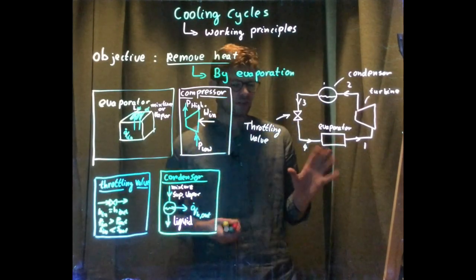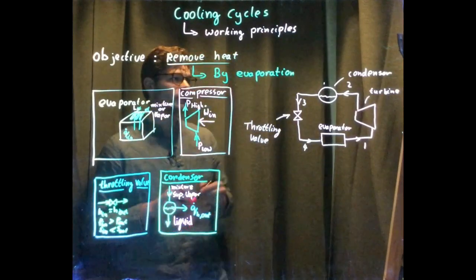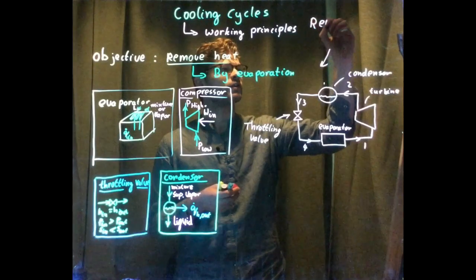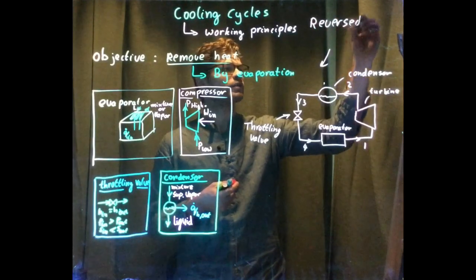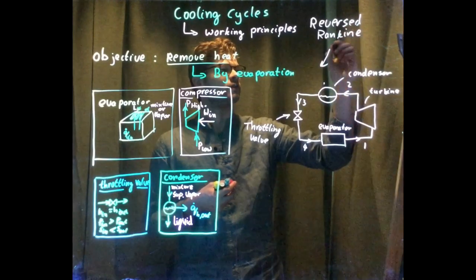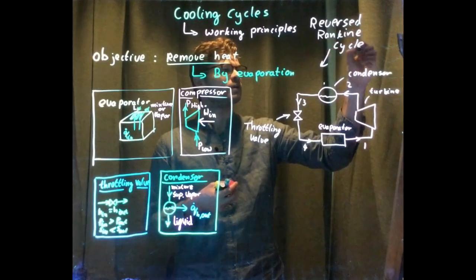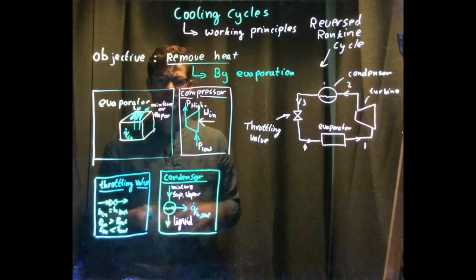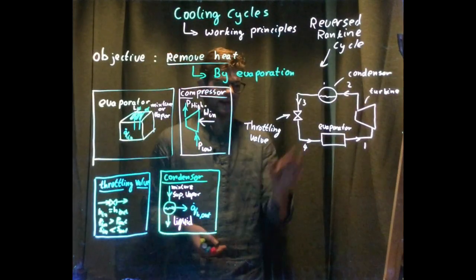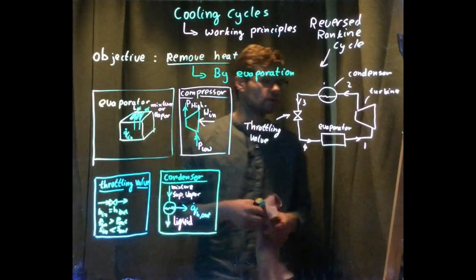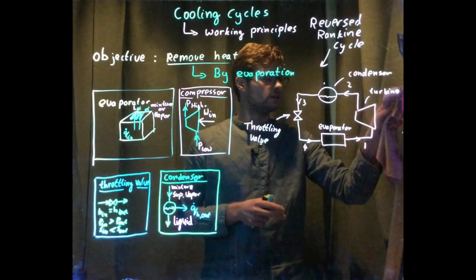And maybe this cycle is a little familiar to you, because we call this the reversed Rankine cycle. So it goes in the reverse direction of a Rankine cycle, and instead of a turbine, it's not a turbine.